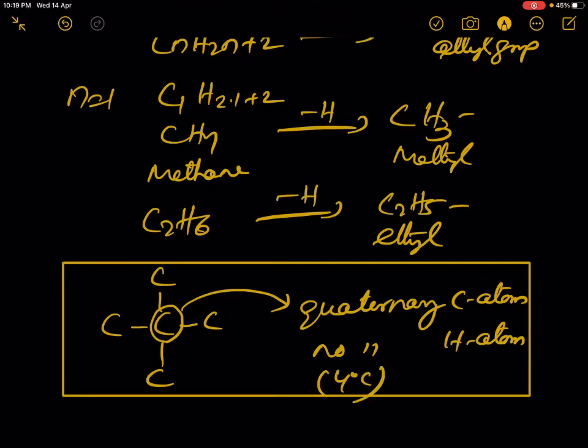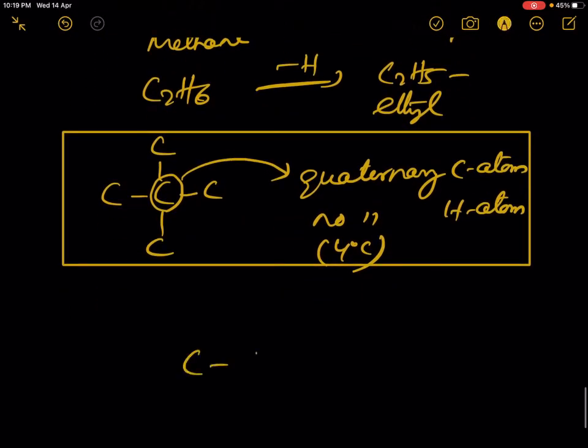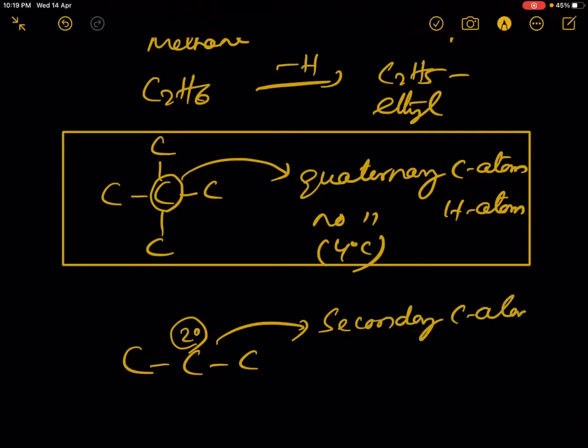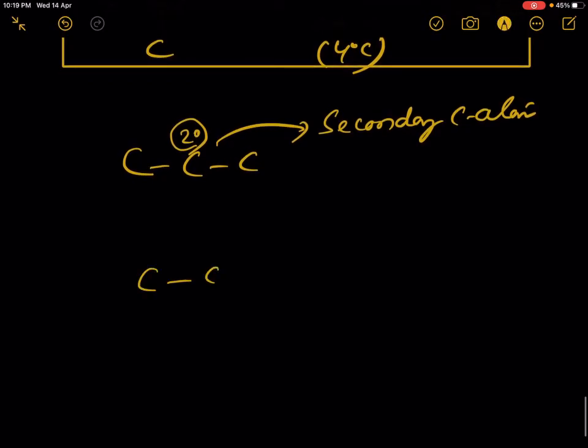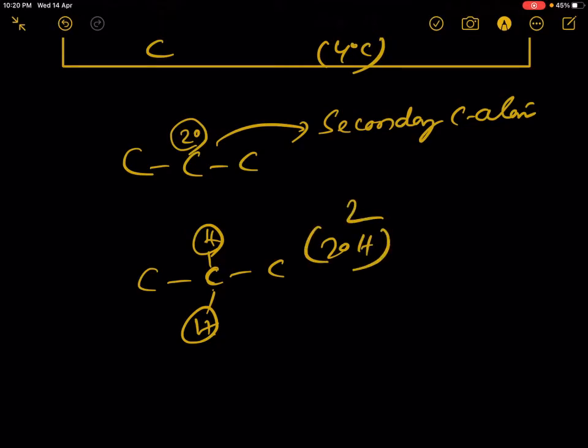If a carbon is bonded to 2 carbon atoms on 2 different sides, that is a secondary carbon atom. The carbon atom in the middle is the secondary carbon, and it is bonded to 2 hydrogen atoms, so it has 2 secondary hydrogen atoms.